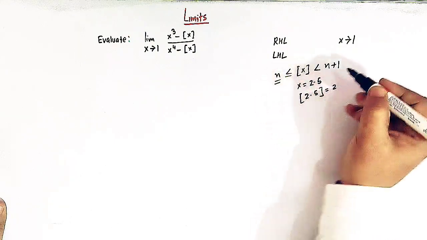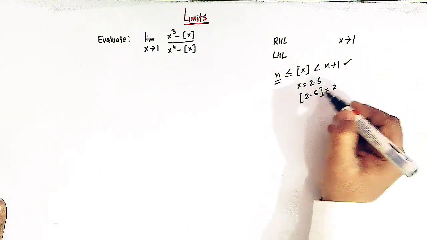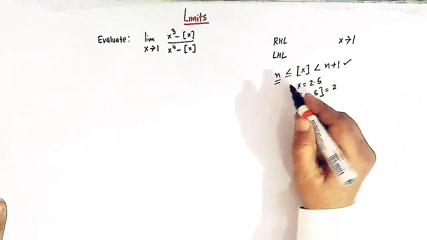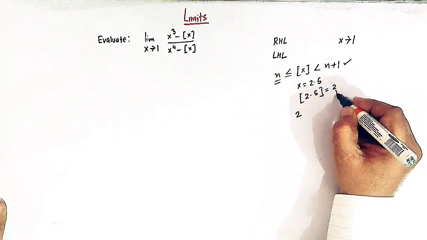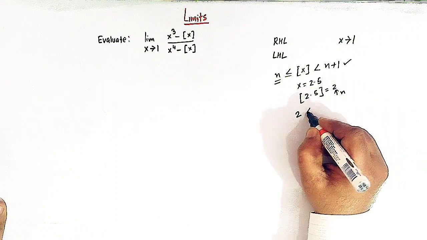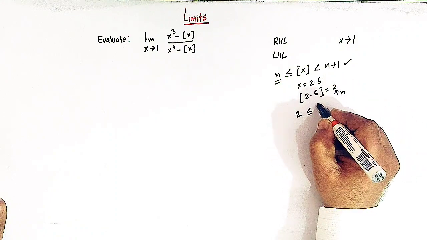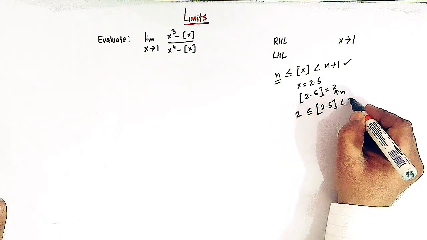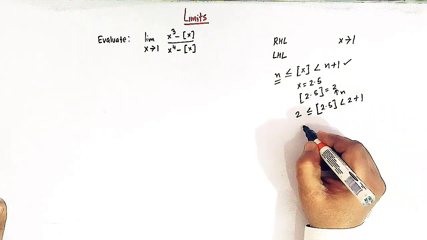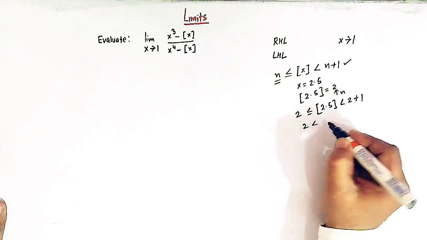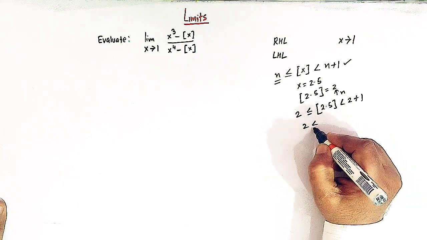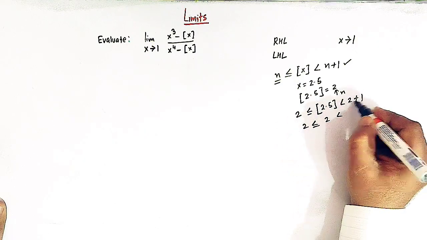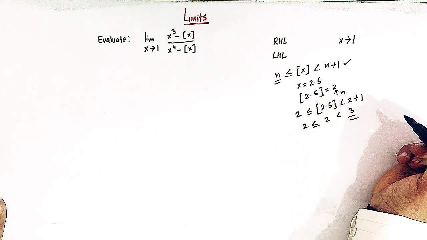So we can use this inequality to illustrate this expression. Here n is 2, so we have n less than or equal to greatest integer of 2.5, less than 2 plus 1. We can write 2 less than or equal to 2, less than 3.